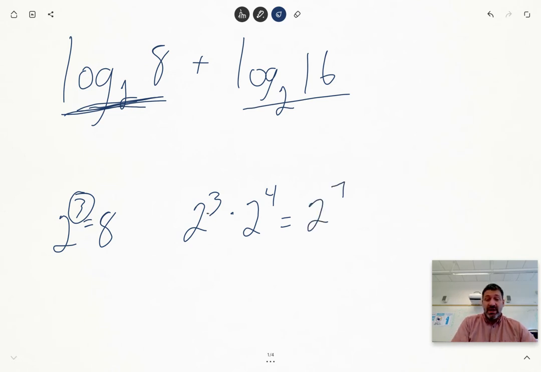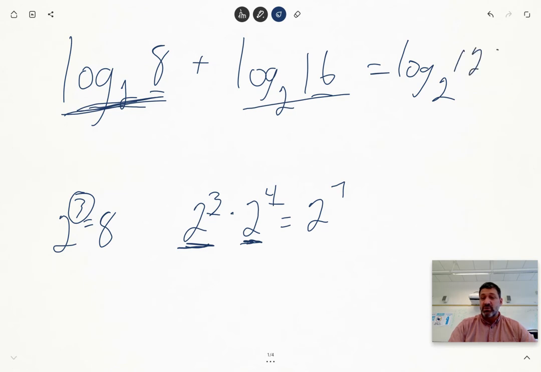So the exponents are being added, but that happens when we multiply the bases or the entire value. In this case, we are multiplying the bases, so the 8 times the 16 would give us 128.